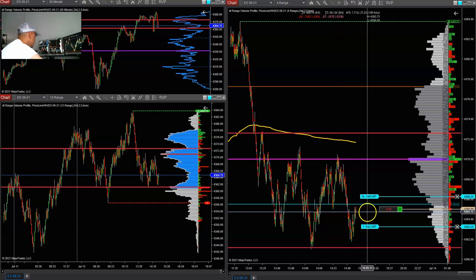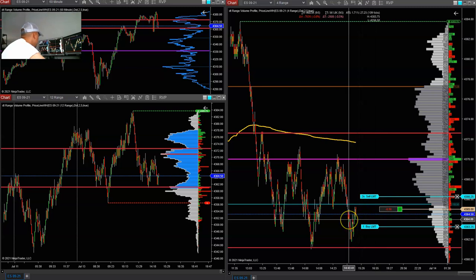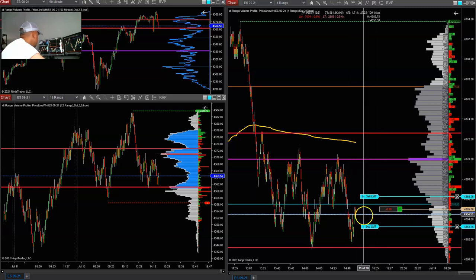Okay. All right. So what it did not do that I wanted to see it do is close to the upside around this area here, but we'll wait it out here.